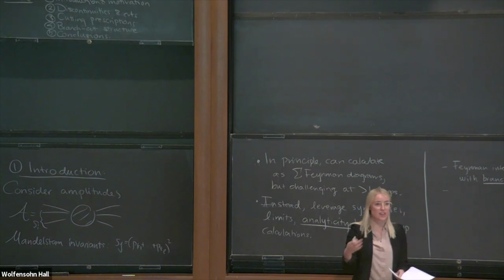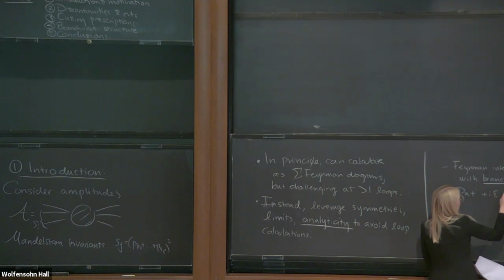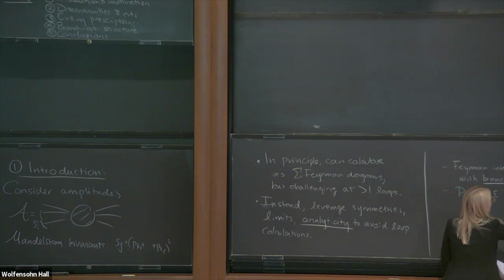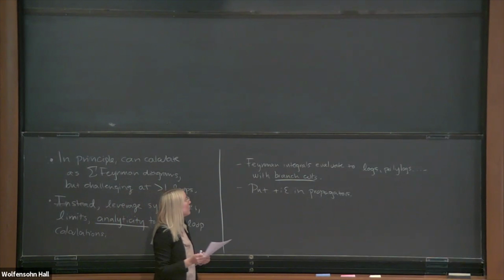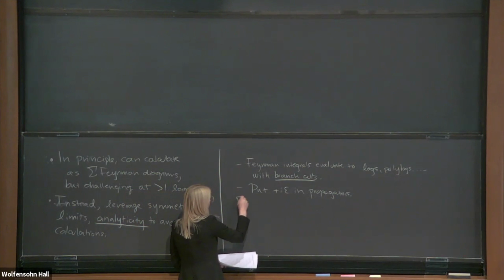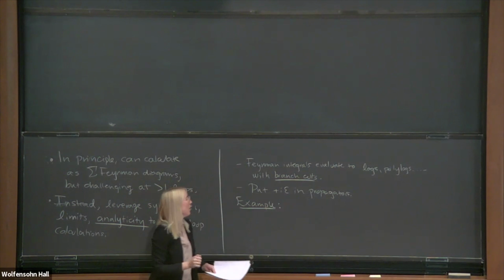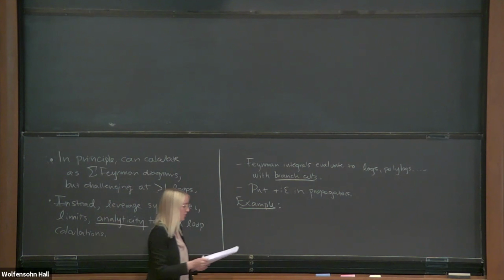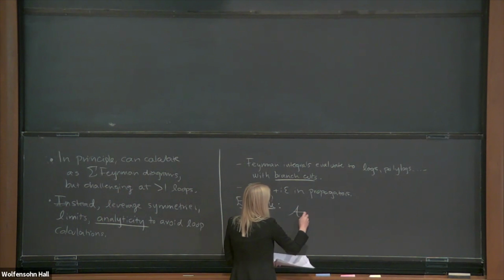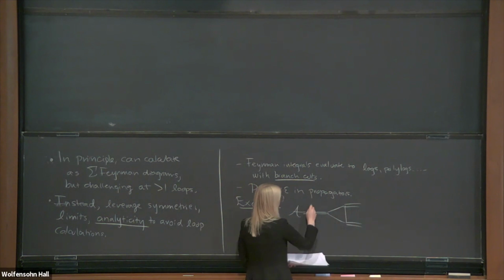And to know which side of the branch cut we're on, we usually put all plus i epsilons in the propagators of our Feynman diagram. So let me show you an example of a diagram where it might be useful to not only look at one discontinuity, but to look at sequential discontinuities. So let me take my amplitude as this triangle diagram.